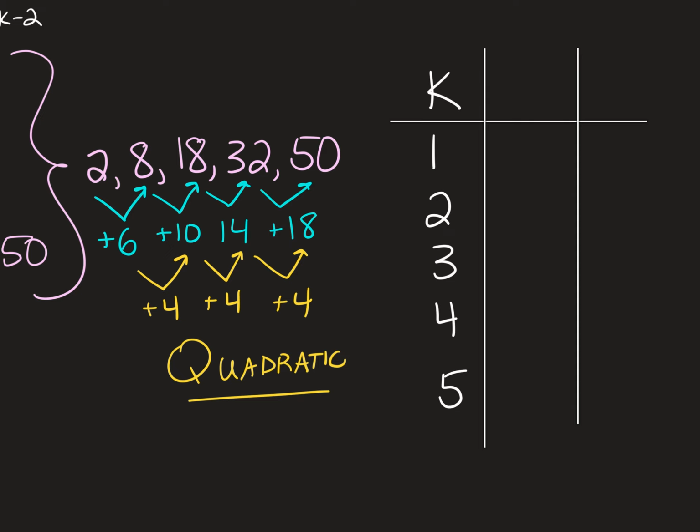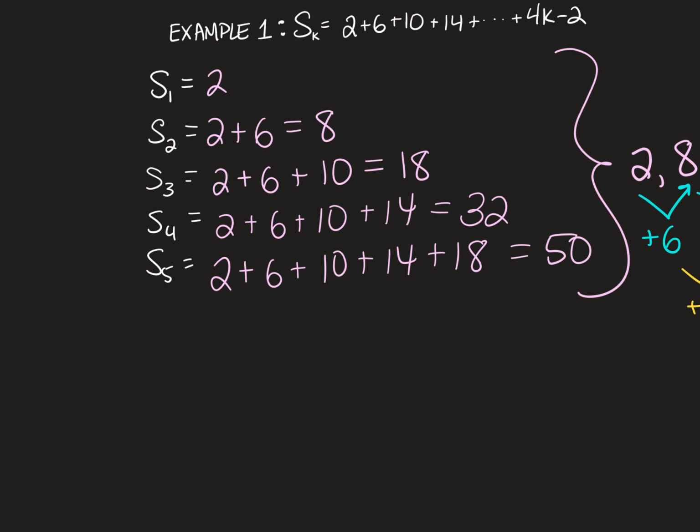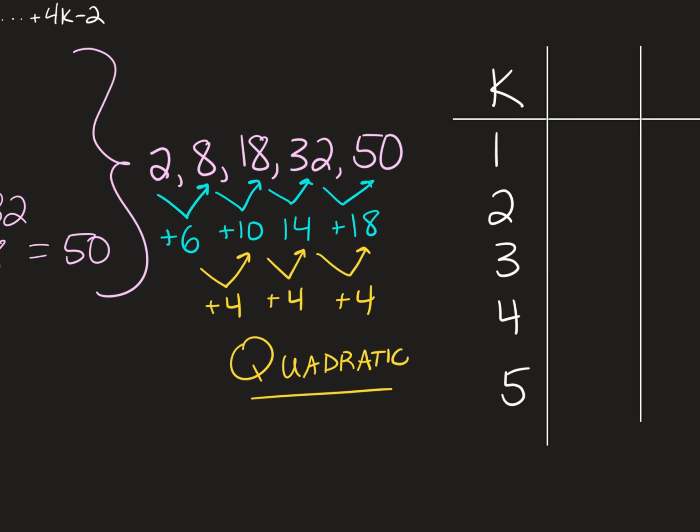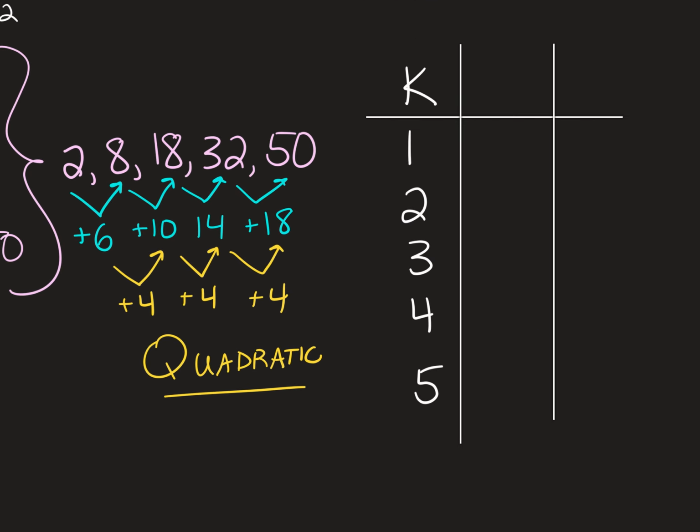Okay, and that's straight from what we did over here, right? My K values are just 1 through 5: 1, 2, 3, 4, 5. So I'm just listing my K values, and then I'm going to list out the sum for each number of terms. So the sum of the first term was 2. The sum of the first 2 terms was 8, and this is just writing that sequence that I have over there to the left.